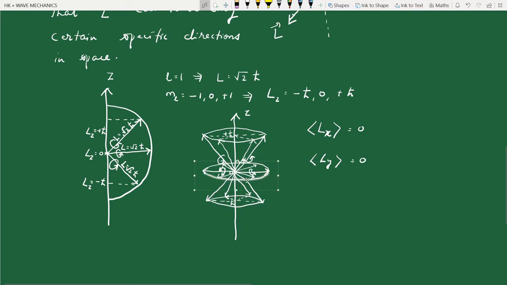So in this precession, the x and y components can have all possible values. That is why the average value of Lx and Ly will be 0. This type of motion is called precession about the z axis.